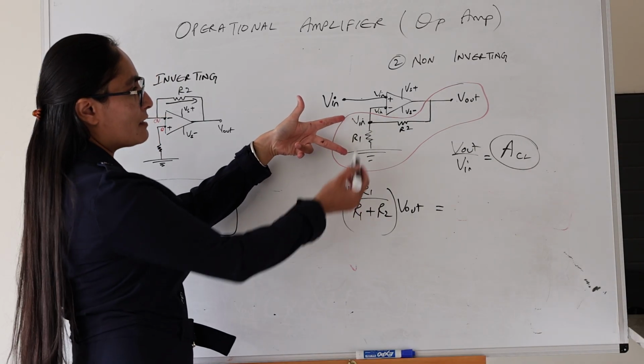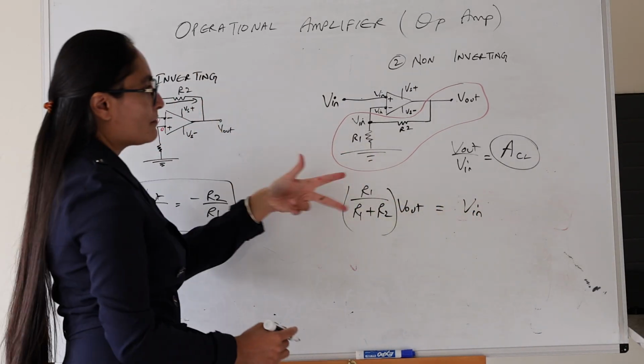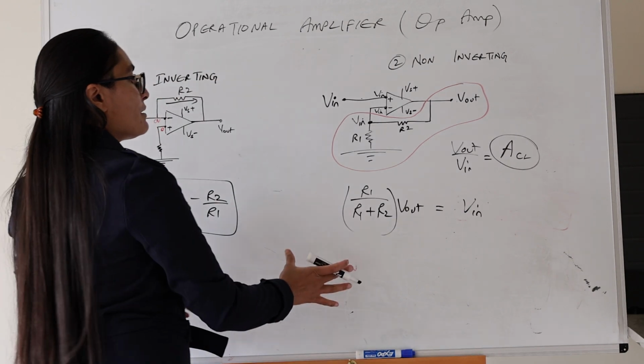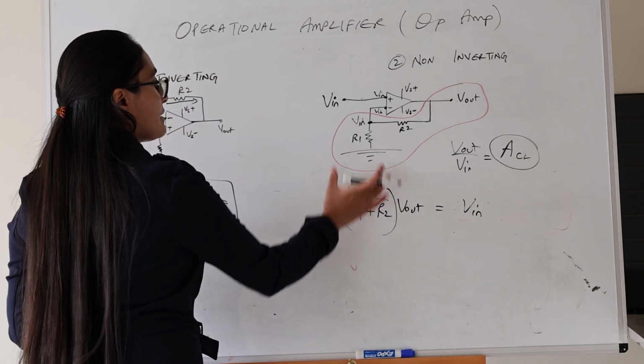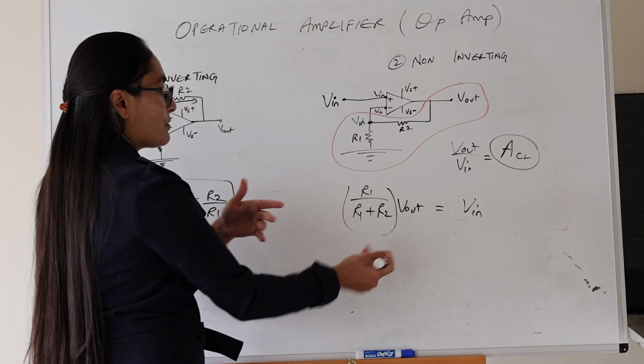So you can just say that the voltage drop is Vn, and from voltage divider analysis we know that this voltage drop is actually equal to R1 over R1 plus R2 times Vout.